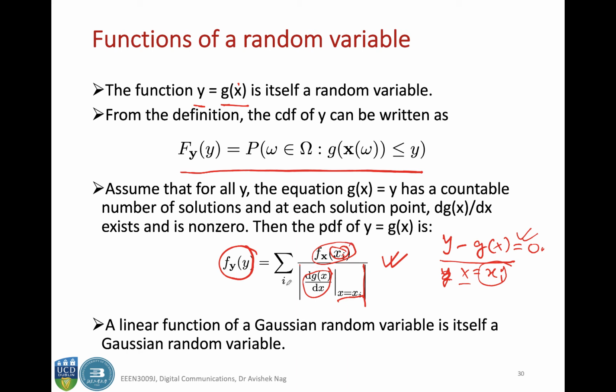So for all values i, you calculate this fraction. The numerator will be f of x at xi and the denominator will be this, and then you can sum them up to find f of y, which is the PDF of the function of the random variable. You can try at home and derive this expression. I leave it as an exercise for you.